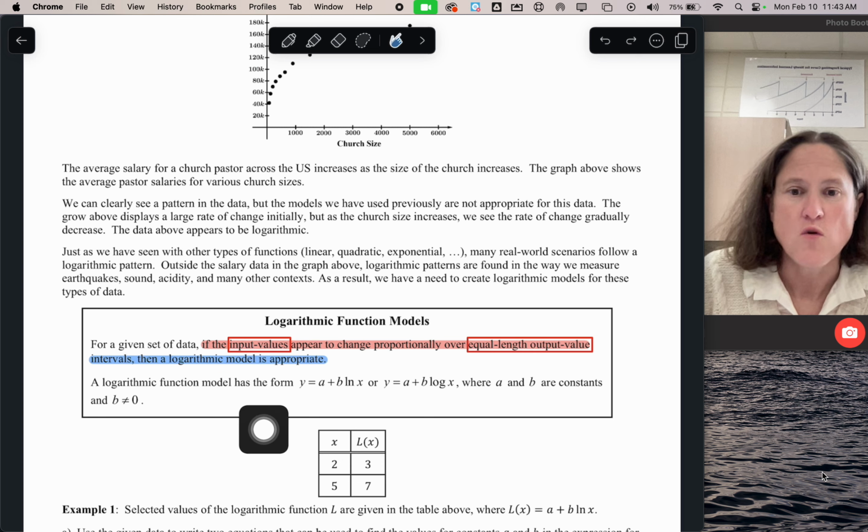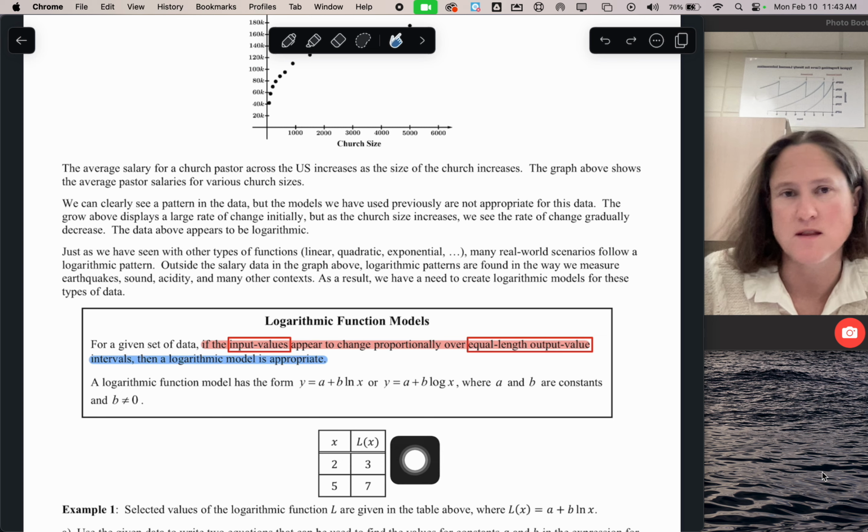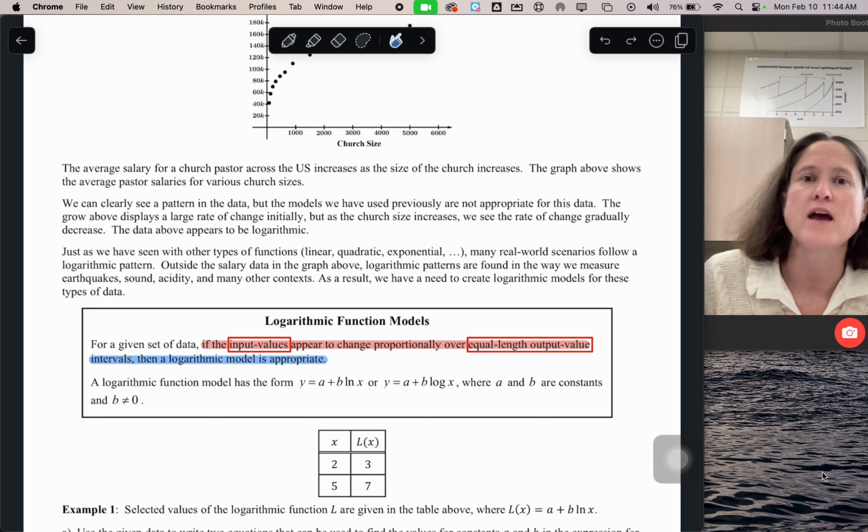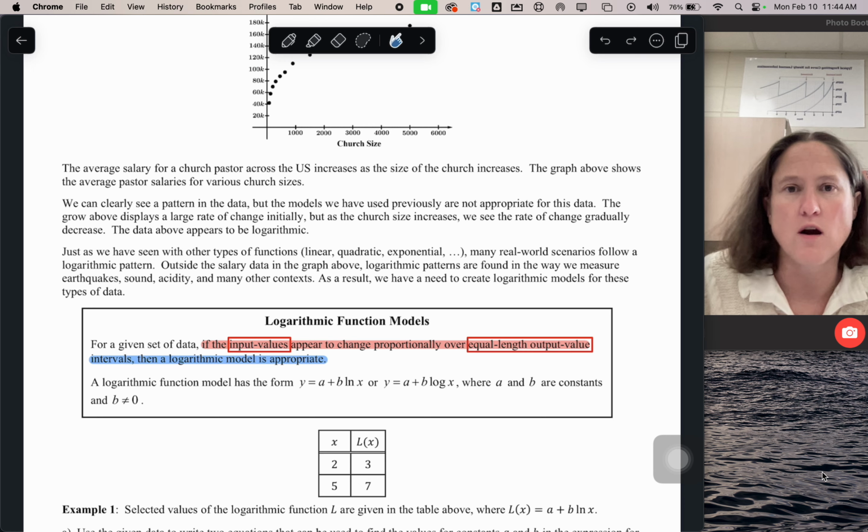We need to be multiplying our input values by the same number over and over, while our output values are adding or subtracting the same value. That's what we look for in a table for a log function. The graph has that scoop. It's either scooping up, or if it's reflected over the x-axis, it scoops down. But you'll always have that vertical asymptote for a log model.